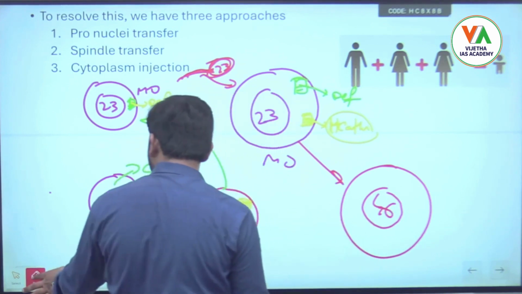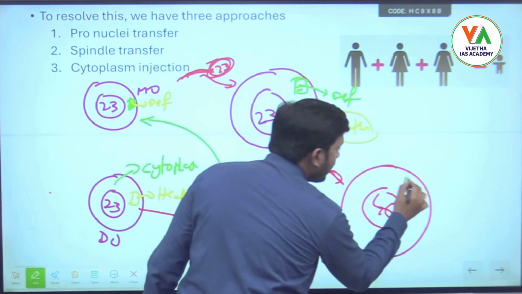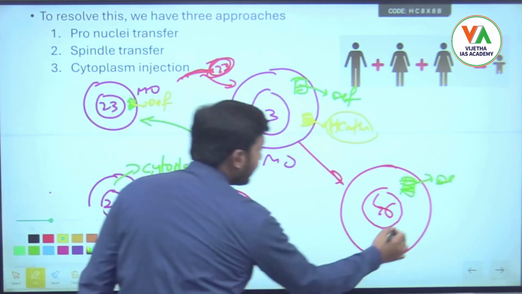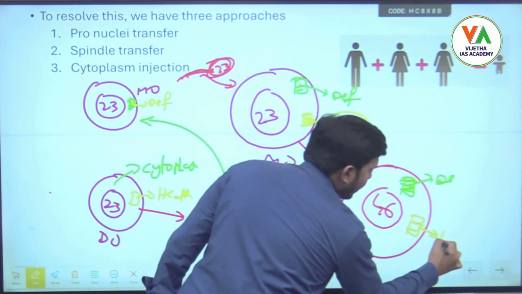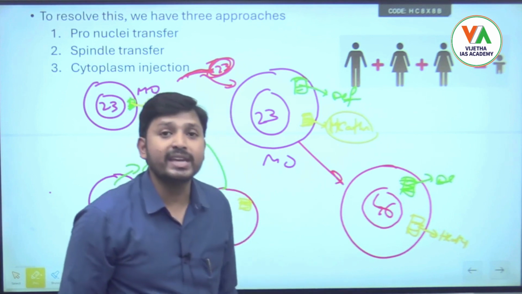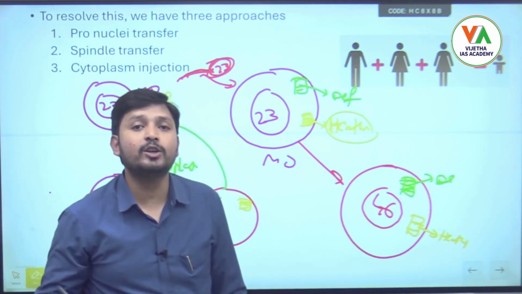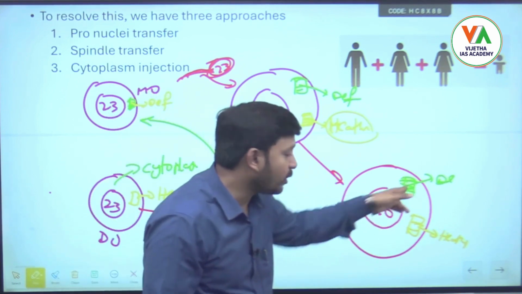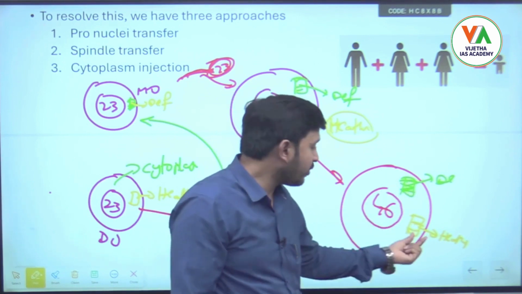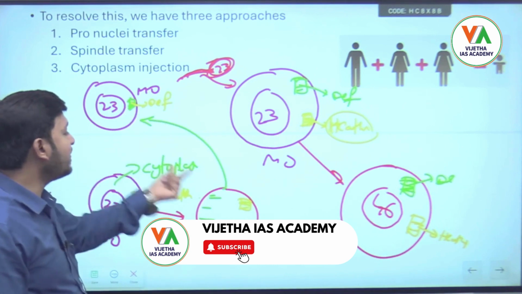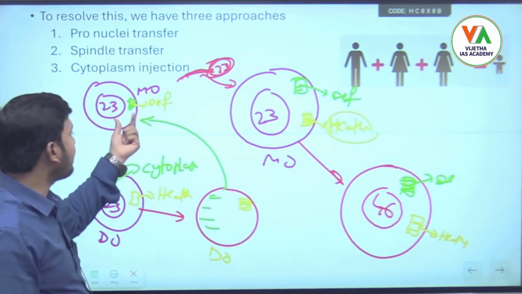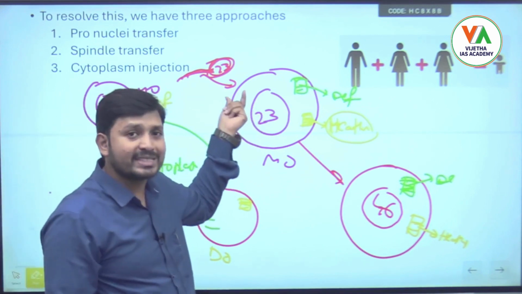But the problem in this case is I am having this defective mitochondria, and also this healthy mitochondria will be there, right? So because of this, there is a probability that Leigh syndrome can reoccur, because we are not removing this defective mitochondria. Instead, here we are transferring this healthy mitochondria along with the cytoplasm into the mother's ovum, and it is fused with this sperm.